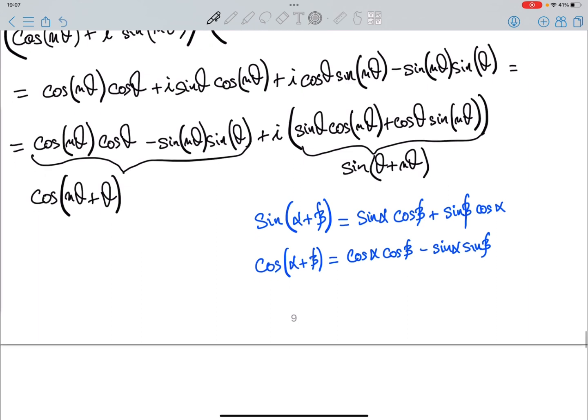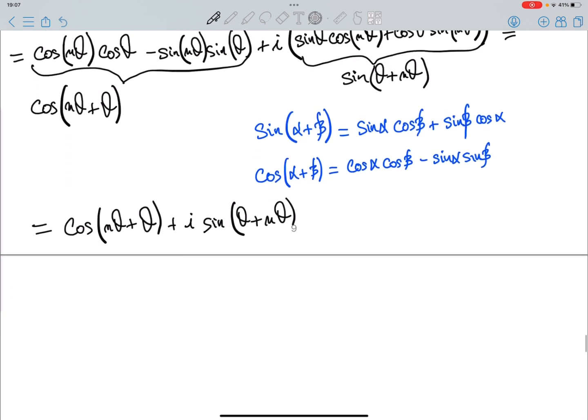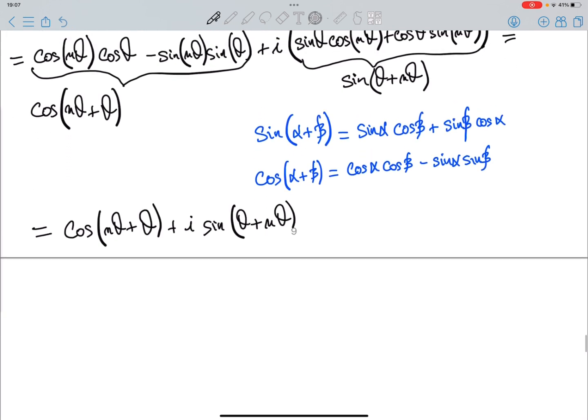Now we can write it down properly. We have cos(nθ + θ) plus i sin(θ + nθ). Here we have a factor θ and similarly here.